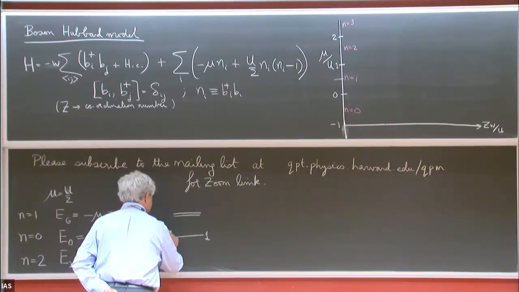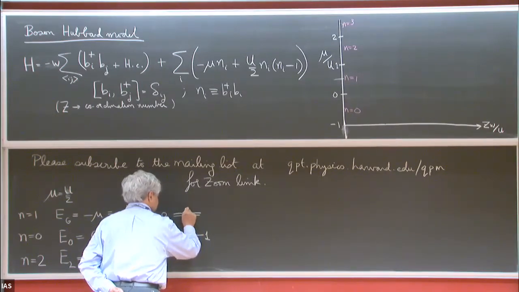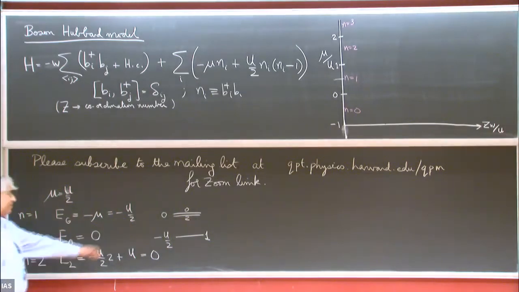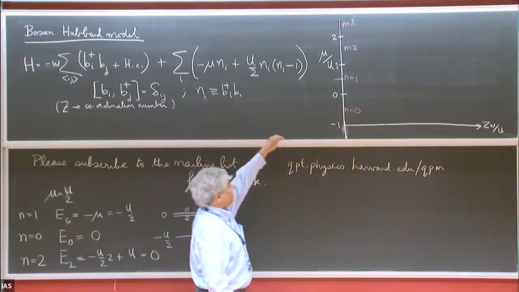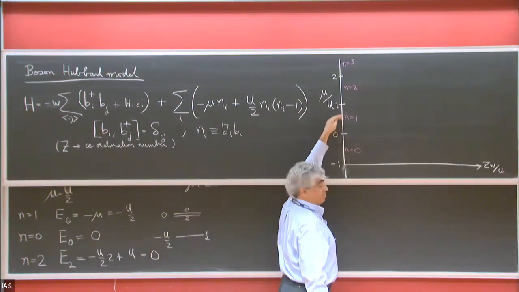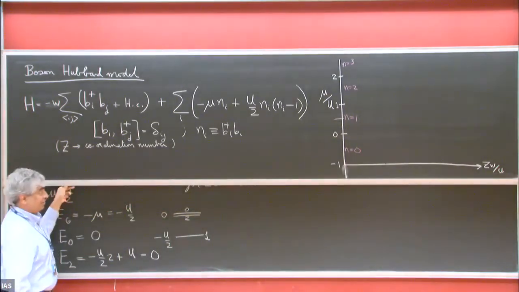So this is minus U over 2, and these are 0, and this is n equals 0 and n equals 2. The fact that they're exactly degenerate is a special feature of the fact that I was exactly halfway, but I could be actually even away from that. And this won't be very crucial to what I talk about.